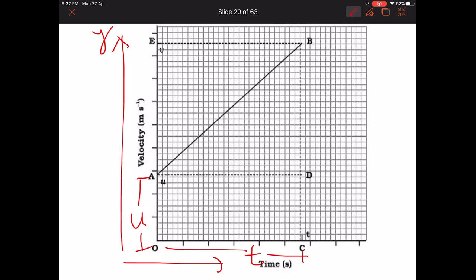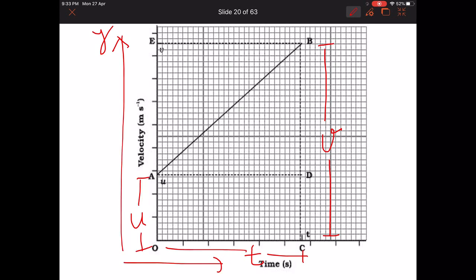After traveling for a certain time, the object attains a velocity of v. So this is our final velocity. Our final velocity is BC, right? So BC is the final velocity of the object, and AO is the initial velocity of the object.